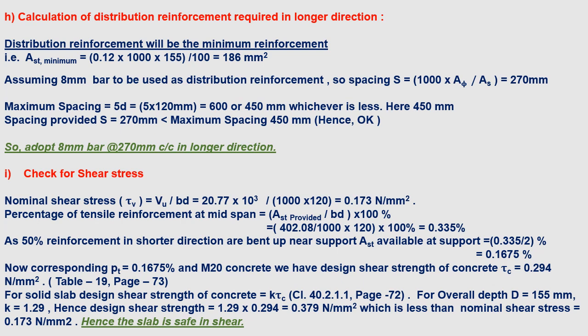Now for overall depth D equal to 155 millimeter, we obtained k equal to 1.29. Hence, the design shear strength equal to 1.29 into 0.294 equal to 0.379 Newton per square millimeter, which is greater than the nominal shear stress equal to 0.173 Newton per square millimeter. Hence, the slab is safe in shear.